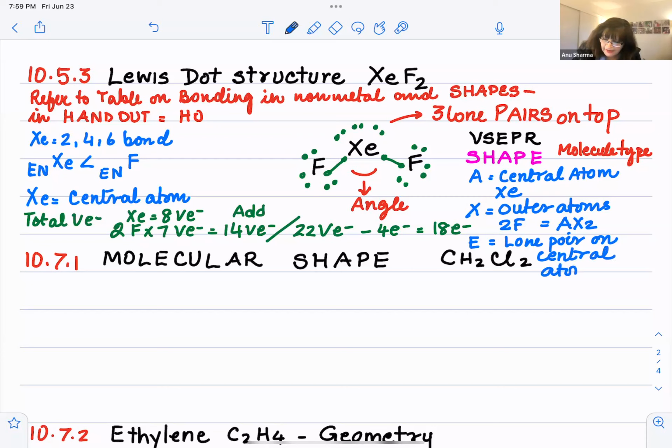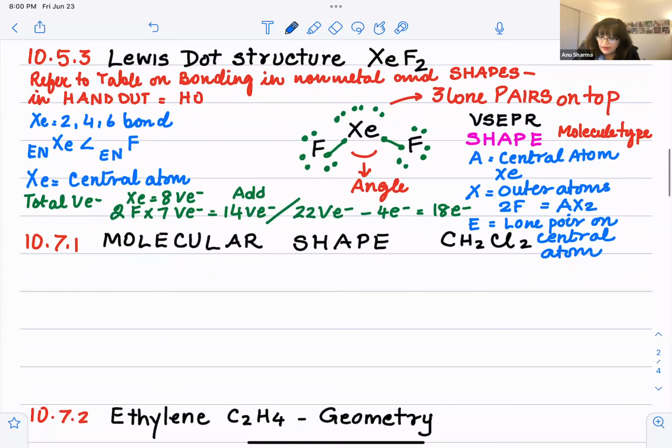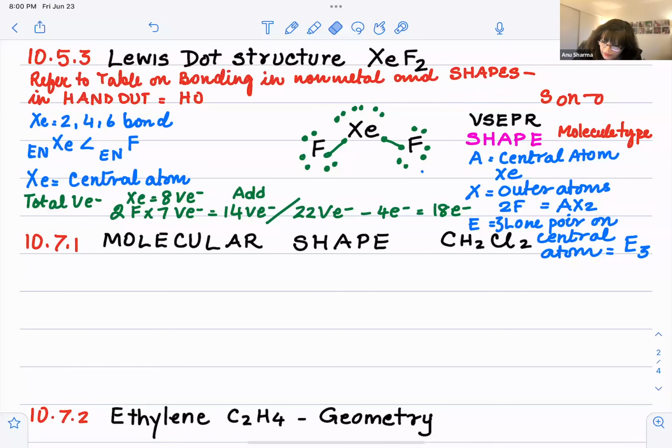So which one is that? Lone pair on the central atom is Xe. There are 3 lone pairs on the central atom. So this becomes E3. I'm going to remove this, not needed, and this also. So you get that.